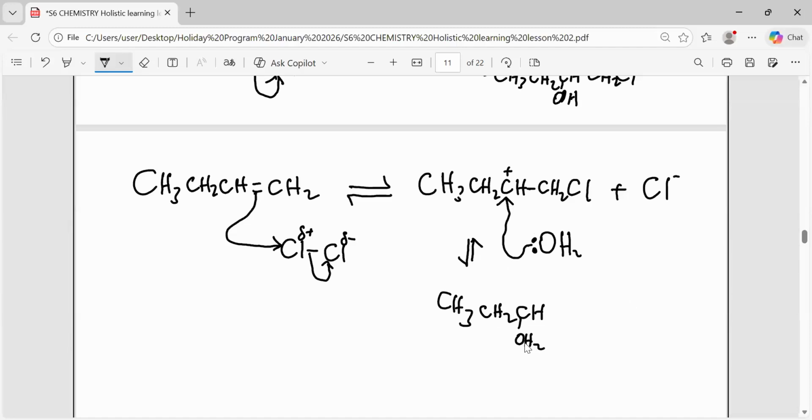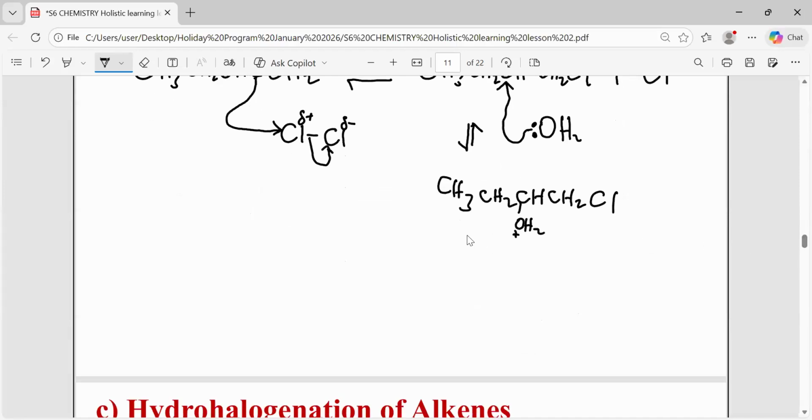But now oxygen is having more bonds, it is having an extra atom, therefore it will be positively charged, and then you have CH2, then you have Cl. For us to make it stable, we remove a hydrogen ion, so it becomes stable now with CH3, CH2, CH, and then here you have OH, here we have CH2, and then you have Cl.